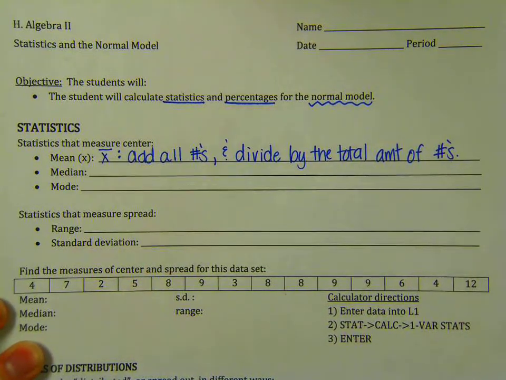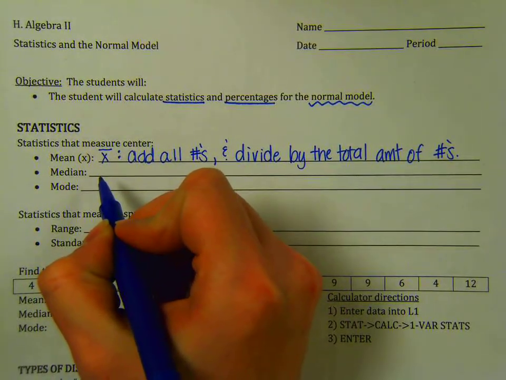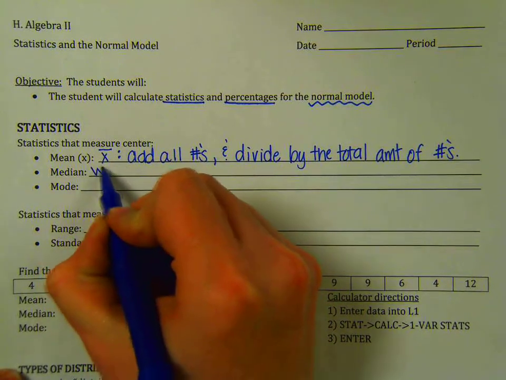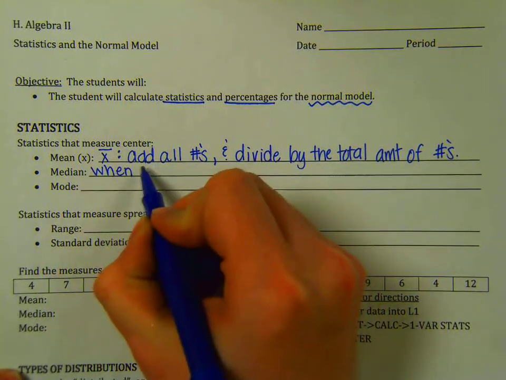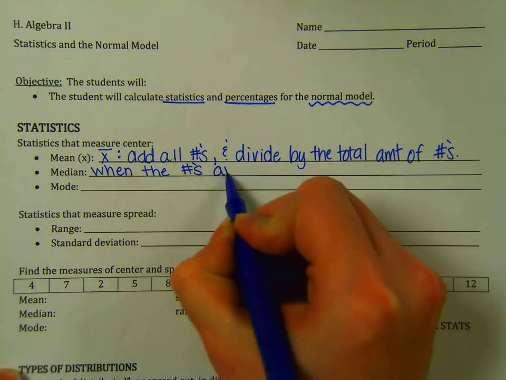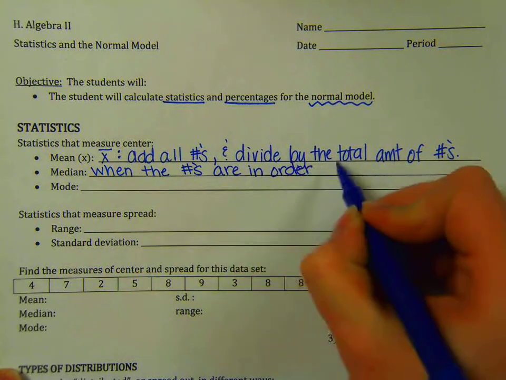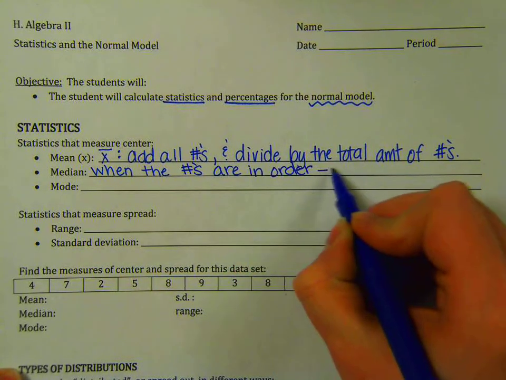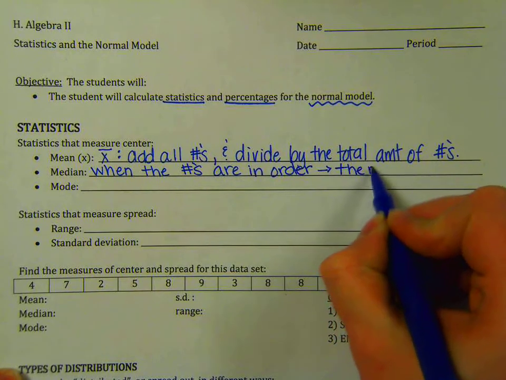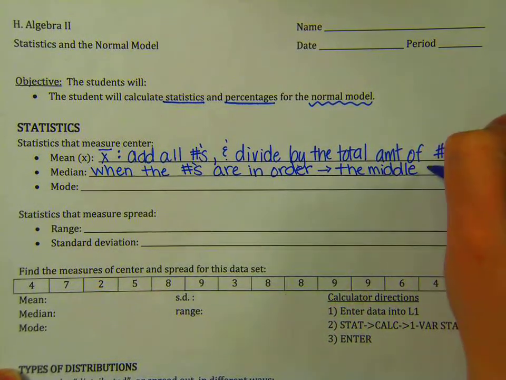Okay? Now let's look at median. So if we are trying to figure out the median, we know from 11.6, when we were talking about analyzing our data, that when the numbers are in order, it's the middle number. I don't think we really had any examples where it wasn't the middle number.